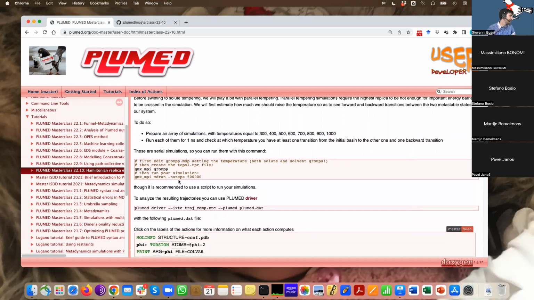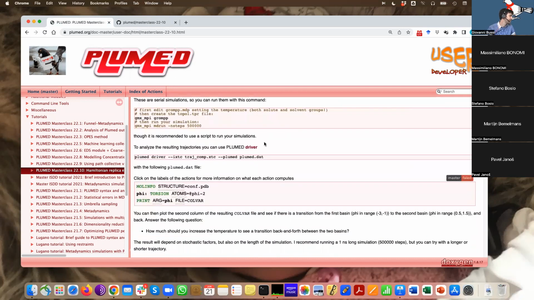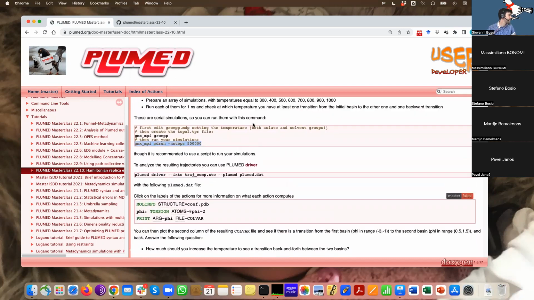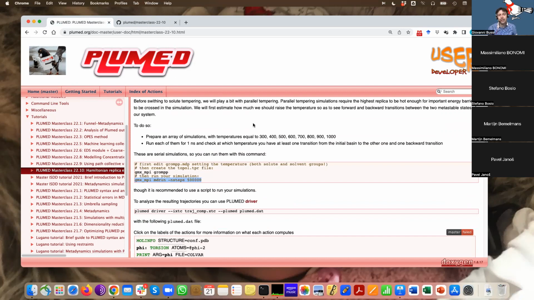So generate a TPR file and run it. I'm suggesting here 1 nanosecond. Depending on the machine that you use, the performance might vary. In my case, I was able to run these 1 nanosecond simulations in something like 10 minutes, which is fine to do all the exercises in maybe a couple of hours.